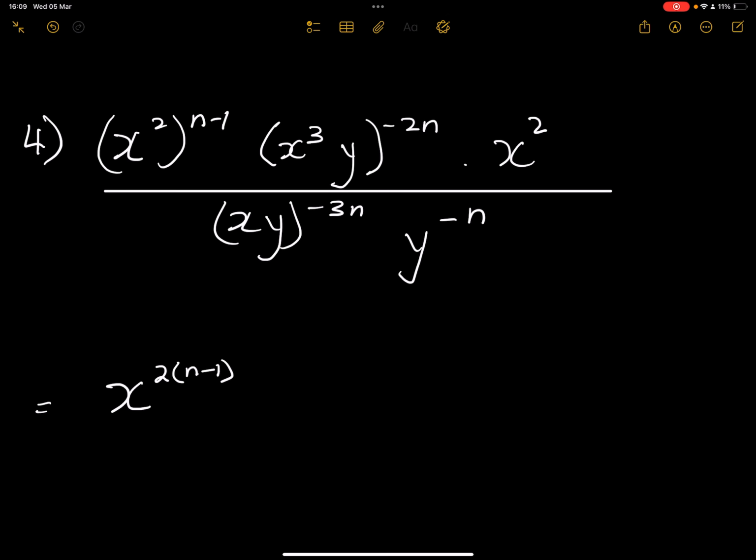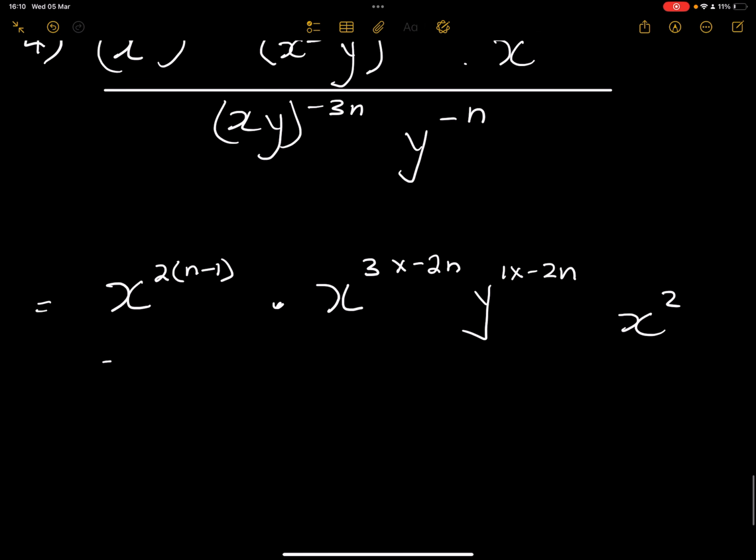Remember that 2 multiplies into the exponent that we raised that with. So this is multiplied by x cubed, but we multiply that by negative 2n. Y, 1 multiplied by negative 2n, and this is multiplied by x squared, and this is divided by, right?